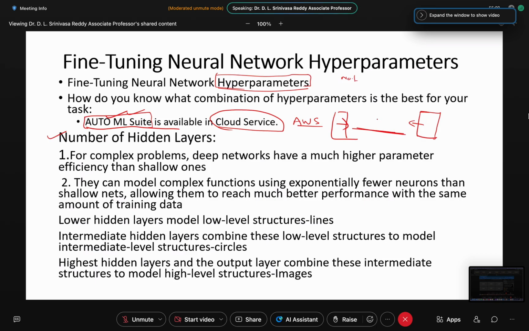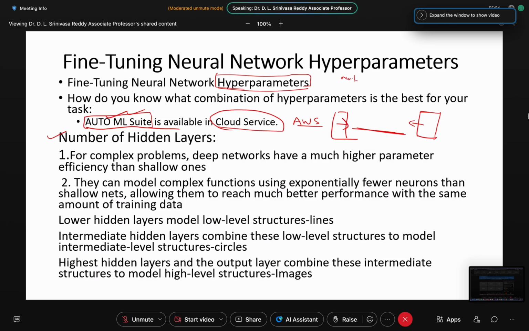But there is a theory on how many hidden layers are generally suitable. For complex problems, generally you take more hidden layers, since deep networks have much higher parameter efficiency than shallow ones. If it is moderate, you take a moderate number of layers.